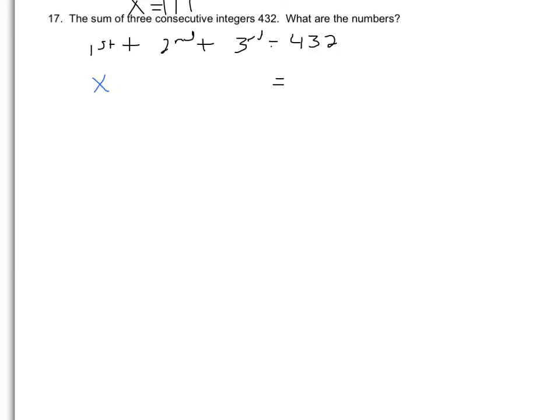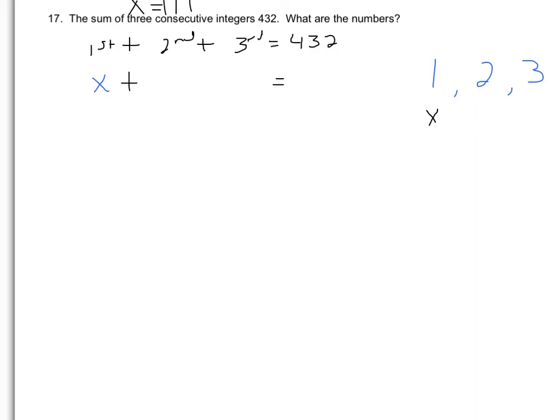Now when I go to the second one, I'm going to add the second term. If they're consecutive, like if it was the numbers 1, 2, and 3, these are consecutive integers, how would I go from 1 to 2? If this is x, what do I need to add to get to 2?